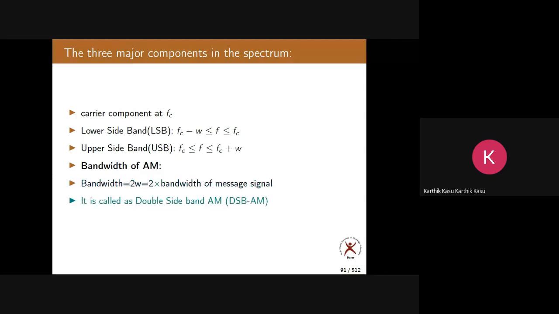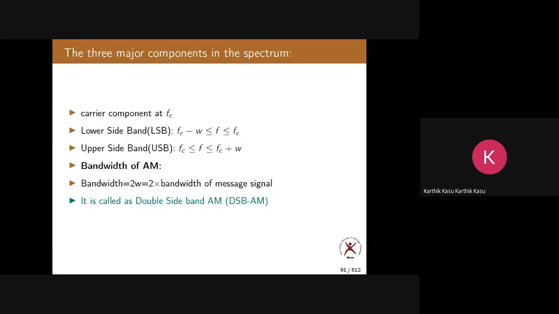Now, this AM is also called as double sideband AM. So you must remember this. It is sometimes called as DSB AM. What does DSB mean? Double sideband. Why double sideband? Because it has two sidebands, namely what? Upper sideband and lower sideband. So that's why it is called double sideband AM.